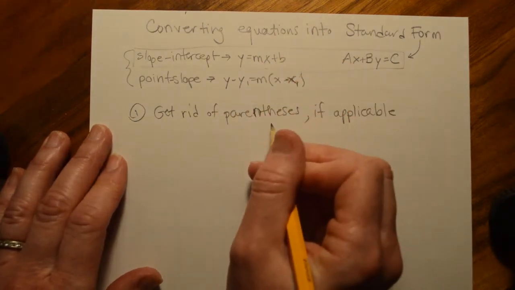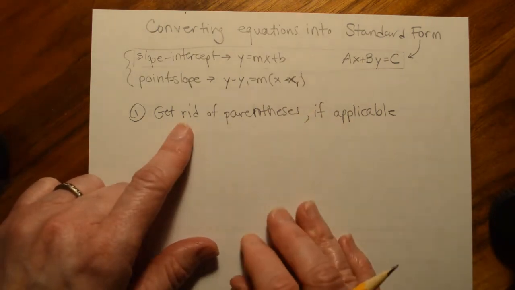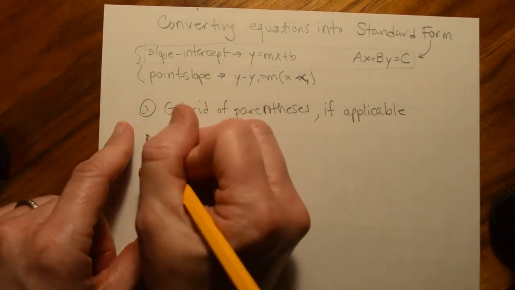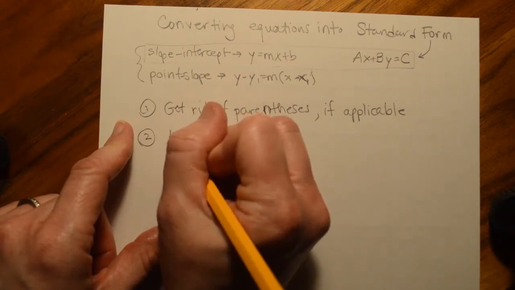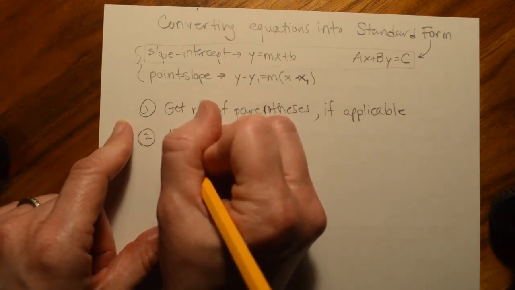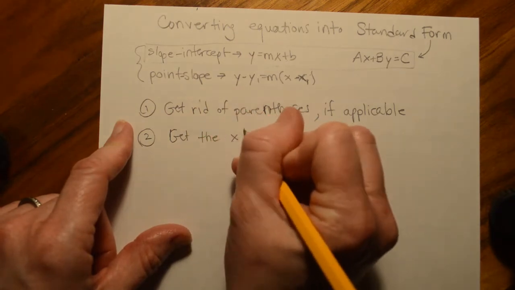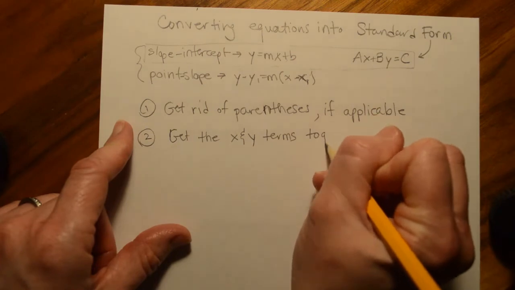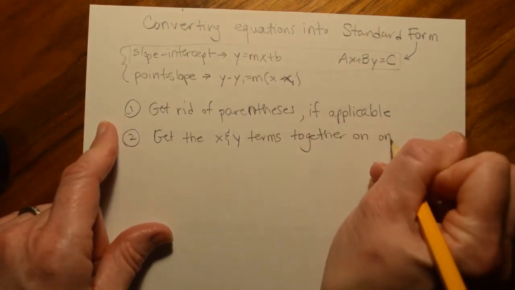Now, there will be exceptions to that, and I will explain that a little bit later on, but get rid of the parentheses. The second thing is get the x term, or get the x and y terms together on one side.